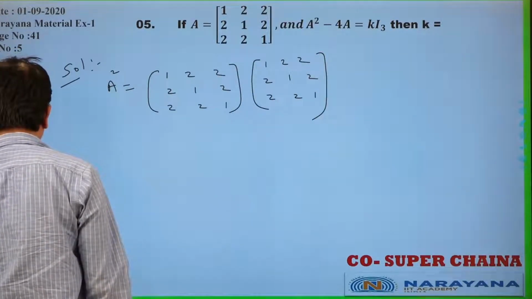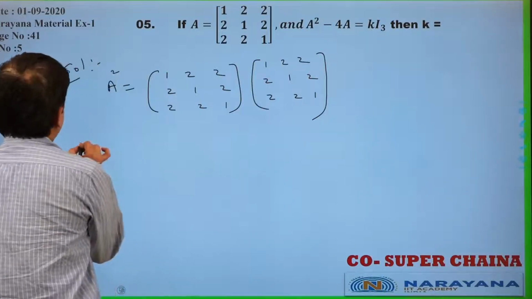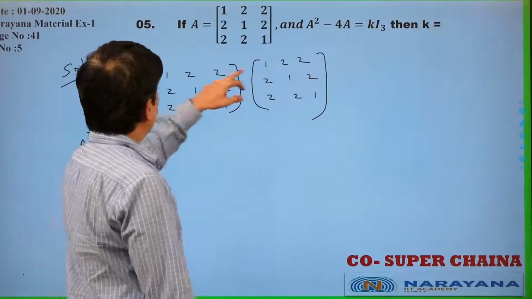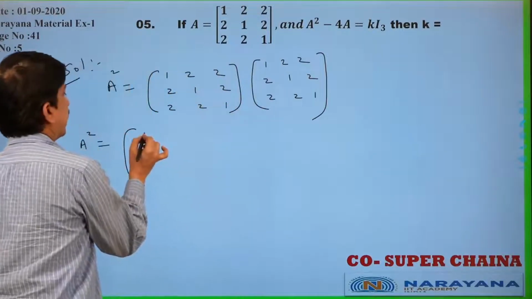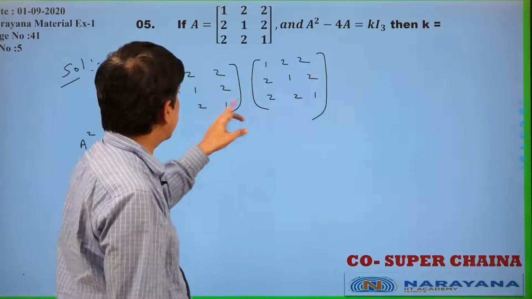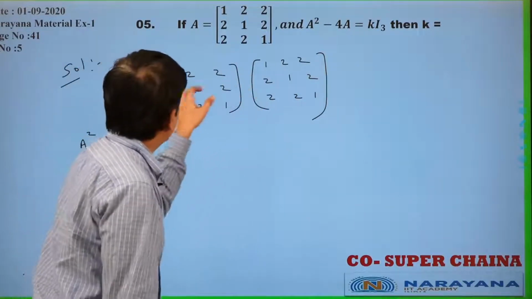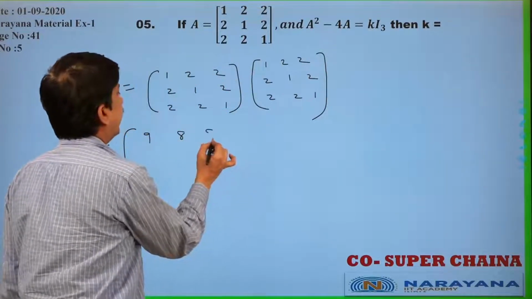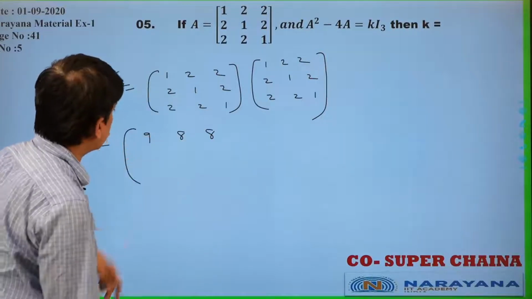Now once you observe that one, what is A square? First row, first column: 1 plus 4 plus 4, we will get it as 9 only. First row, second column: 2 plus 4 plus 2, 8 only. First row, third column: 2 plus 2 plus 4, again 8 only.